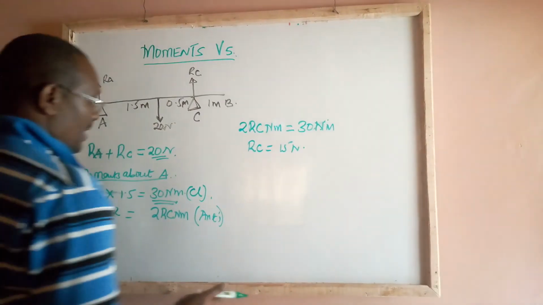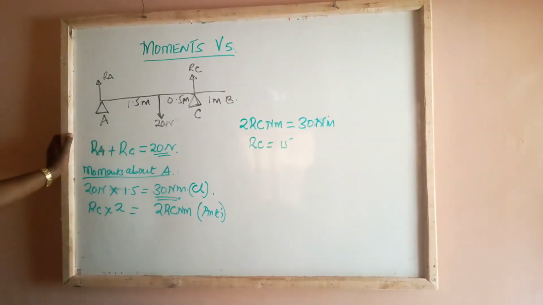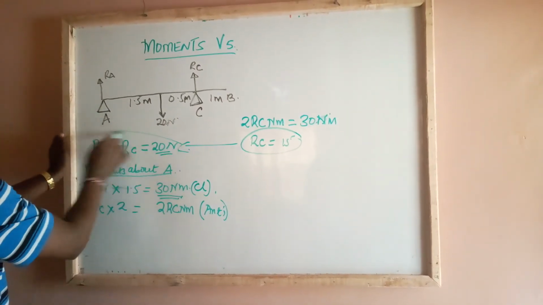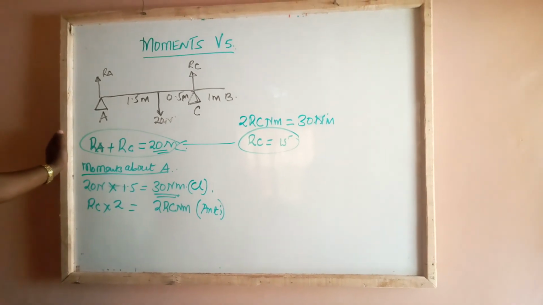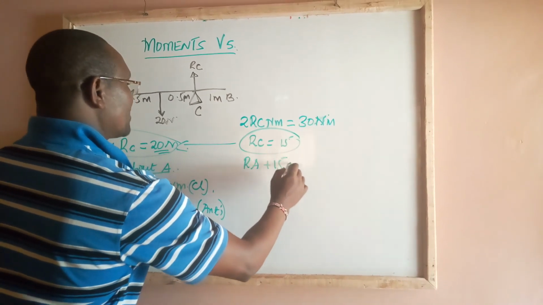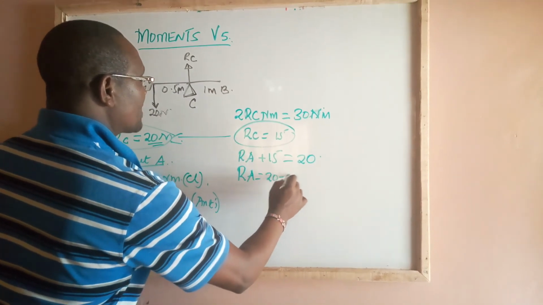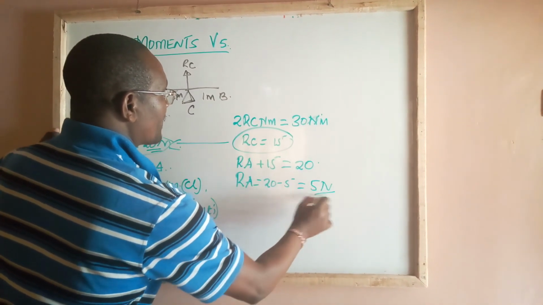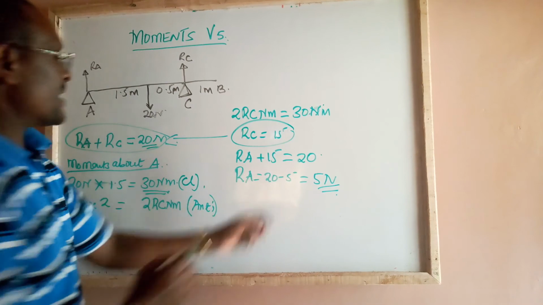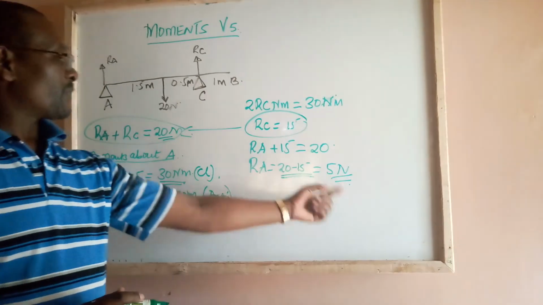It is important to also note that, having realized this, we go back to our original equation where RA plus RC is 20 newtons. So RA plus 15 is equal to 20. So the reaction at A is 20 minus 15, which is simply 5 newtons. Good correction there. 5 newtons. All right?